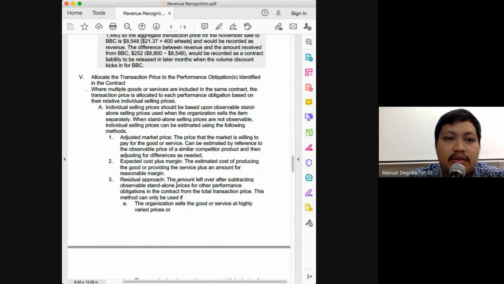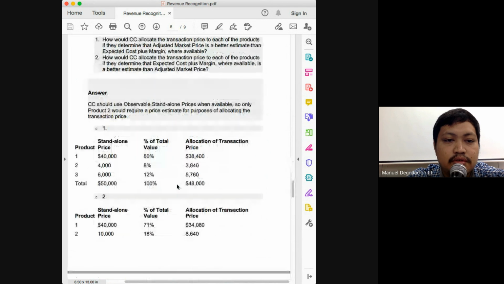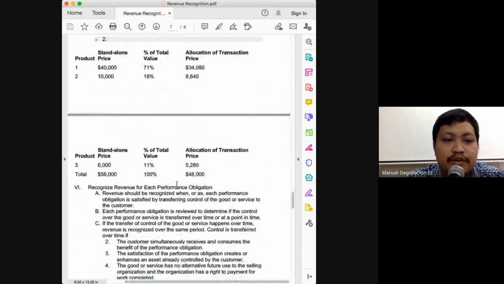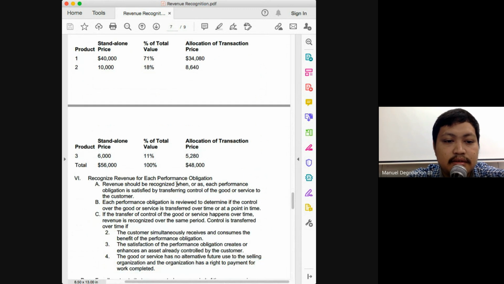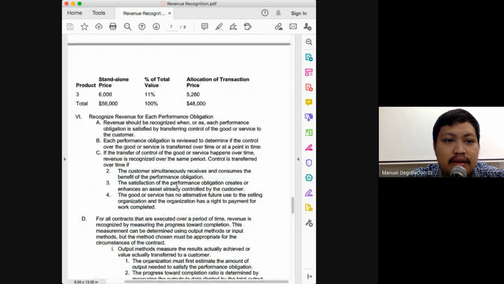We'll discuss the allocation of the transaction price as we answer the multiple choice questions. But make sure to go over the examples given in the study guide. For the last step, recognize revenue for each performance obligation.